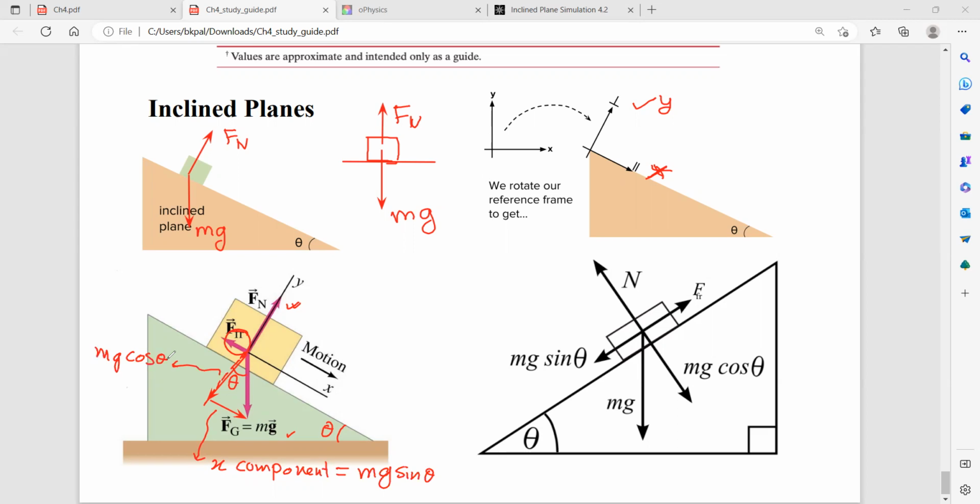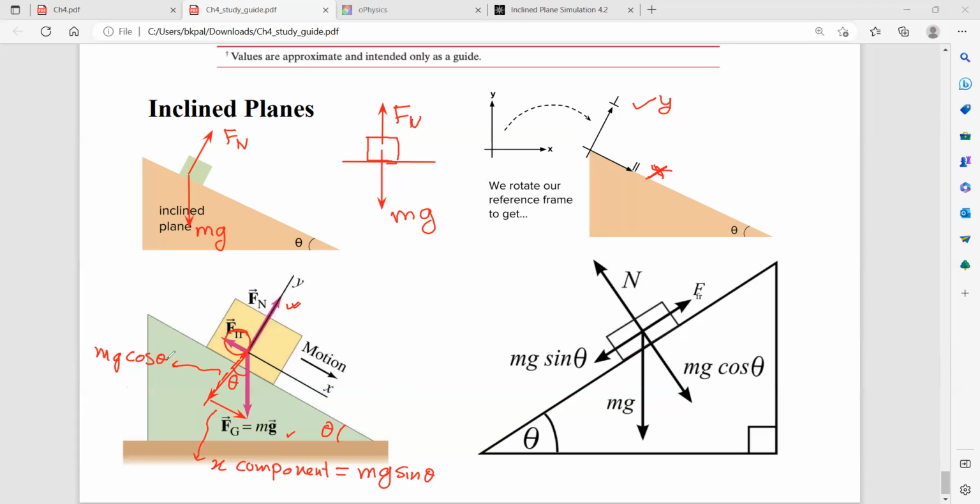Okay, so we are using exactly the same thing we used earlier while we break a vector. And then you just use trigonometry to know what the equation is. So for the x component this time it will be mg sine theta because it is opposite of theta, and the y component is mg cosine theta because that is the adjacent.